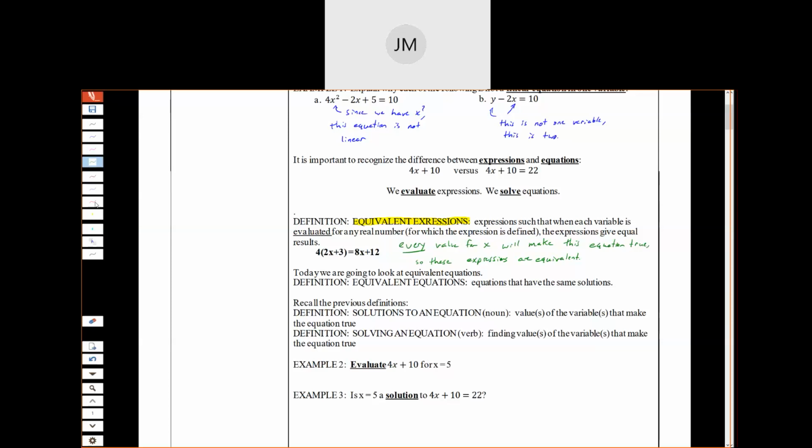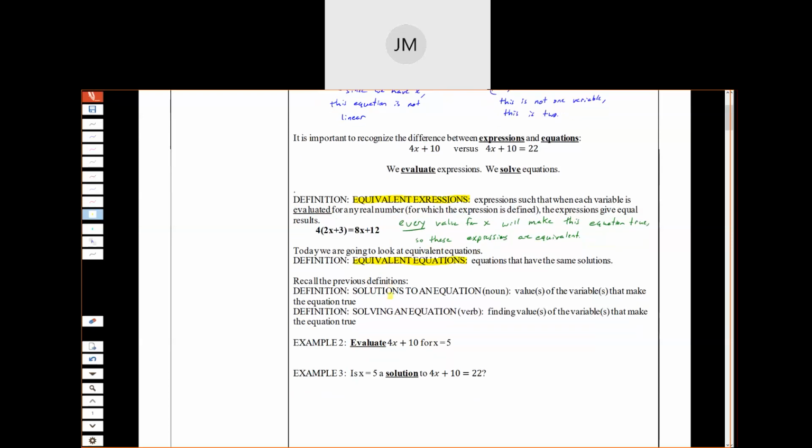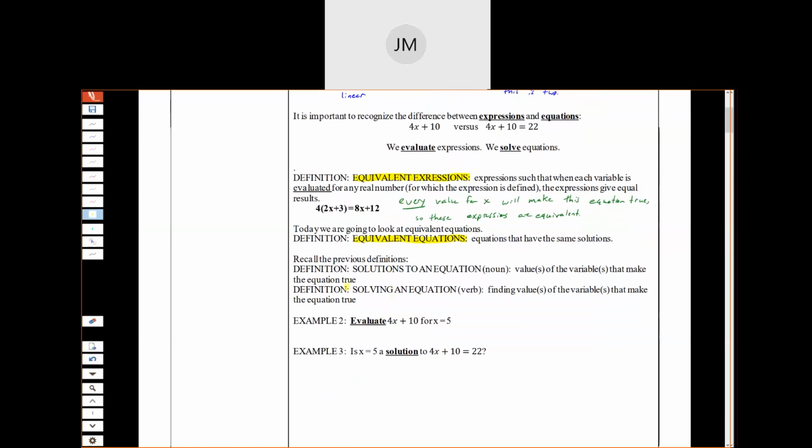So that was equivalent expressions. Equivalent equations are equations that have the same solutions. So the same ordered pairs make that equation true and make that equation false, as the other equation. So let's look at some examples.